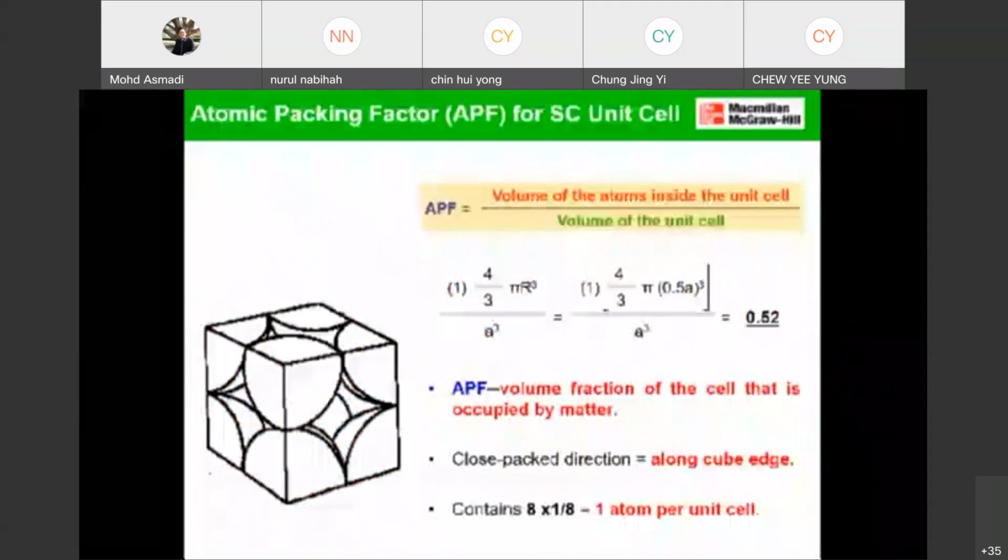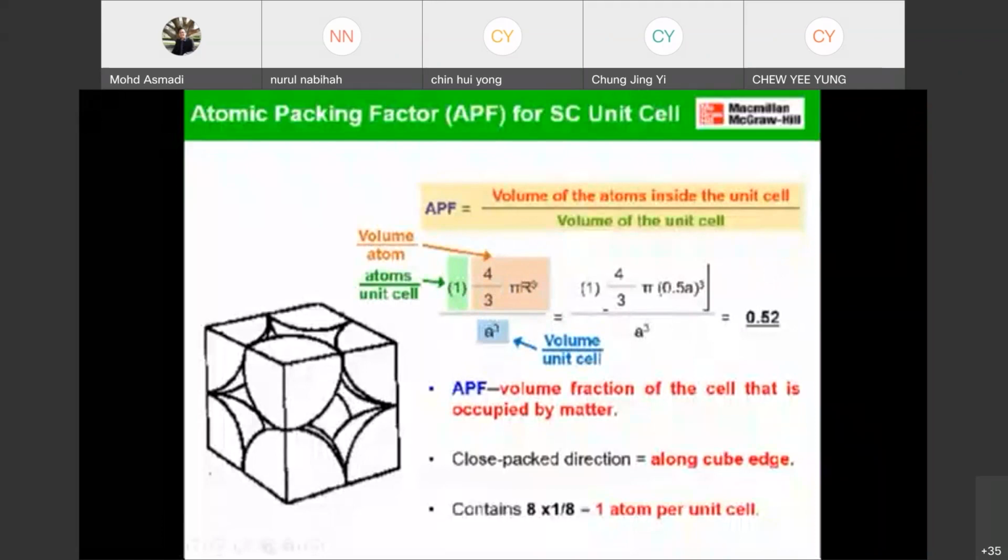Okay. How about body centered cubic? Okay, let's see the body centered cubic. For the atoms per unit cell, the volume of atoms, the volume of the unit cell. The volume of atoms, this one is the volume of a sphere, okay? 4 divided by 3 pi r to the power of 3.